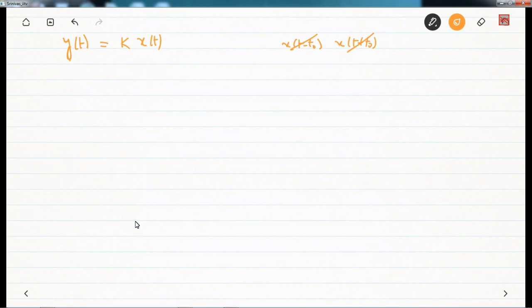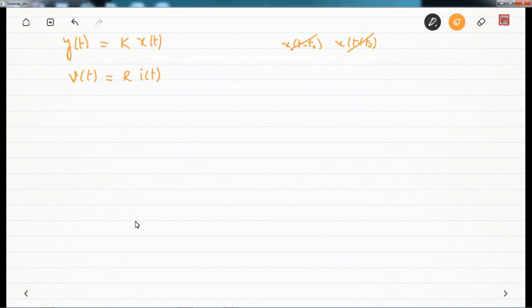As electronics engineers, whenever we see such a thing, we can remember our basic laws, right? Like, say, it can be something like V of t is equal to R into I of t.